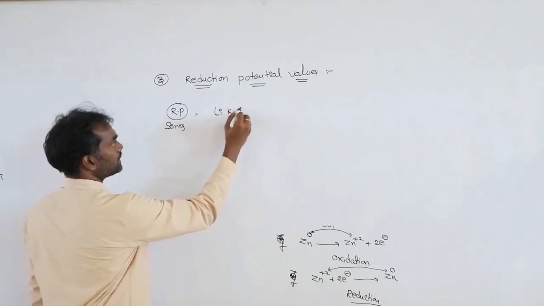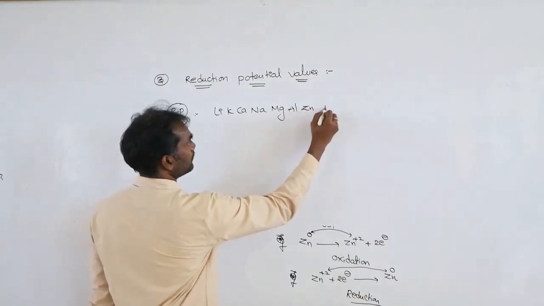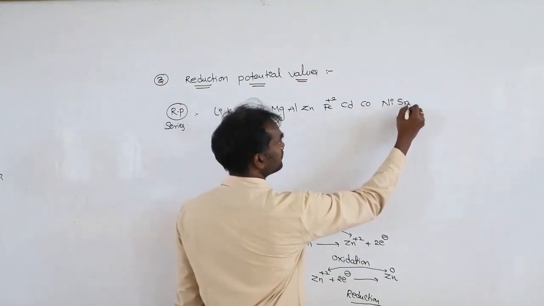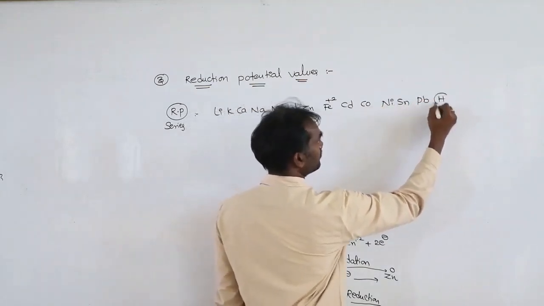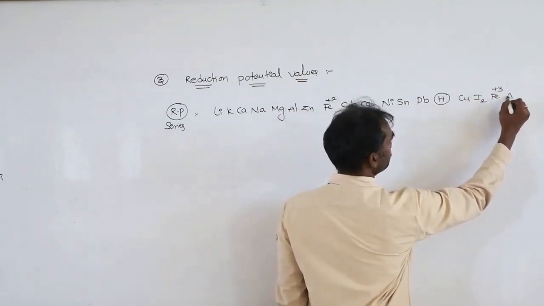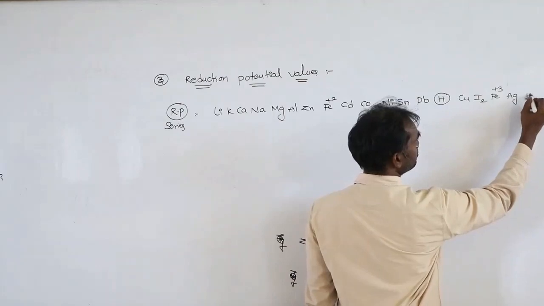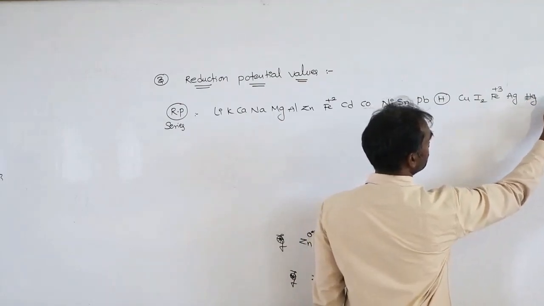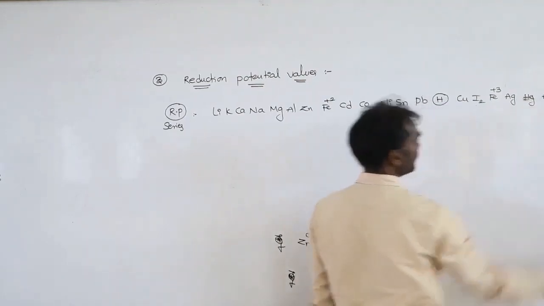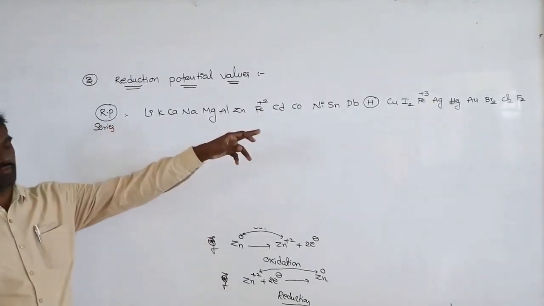The series runs through elements including mercury, gold, then iodine, bromine, chlorine, fluorine. The scientists identified the reduction potential values and gave one sequence.